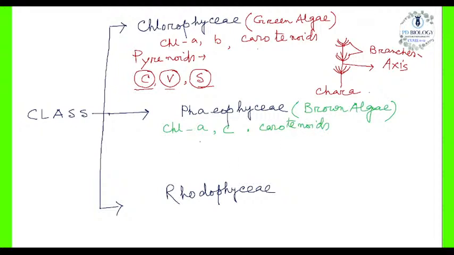But there is an abundance of fucoxanthin. Yes, fucoxanthin is there. It is abundant. Food is stored in the form of laminarin and mannitol.